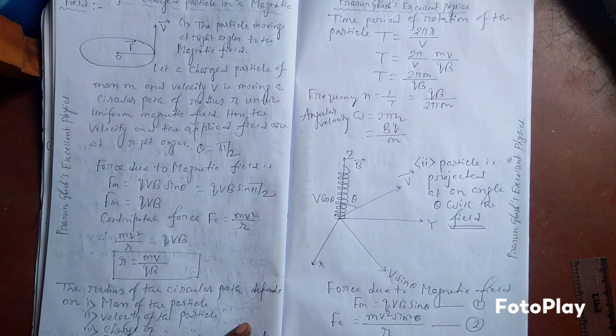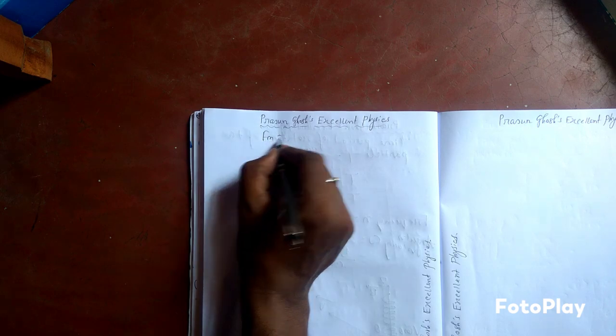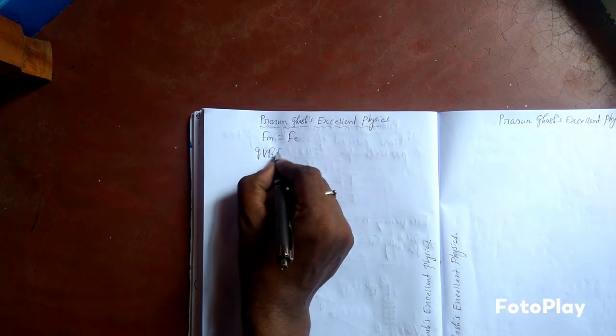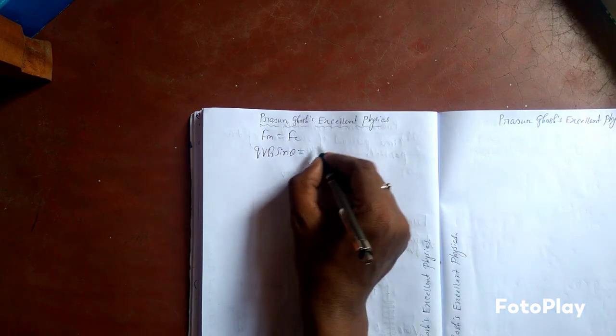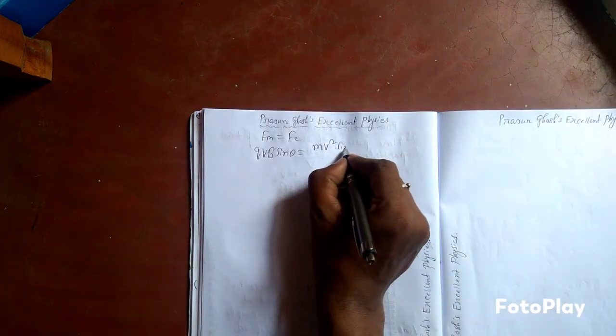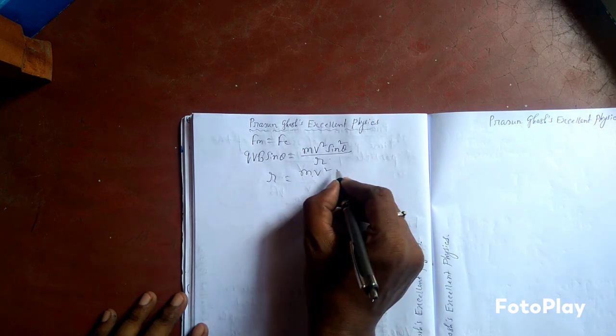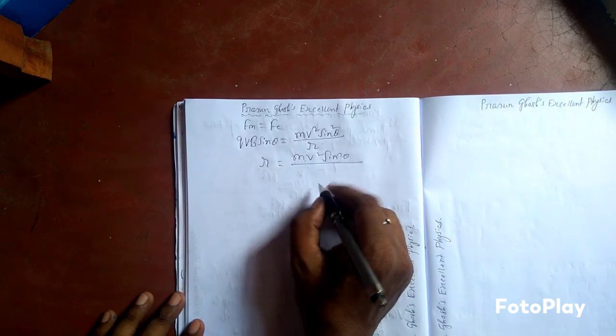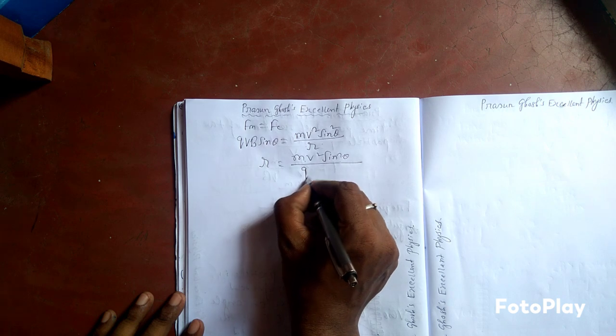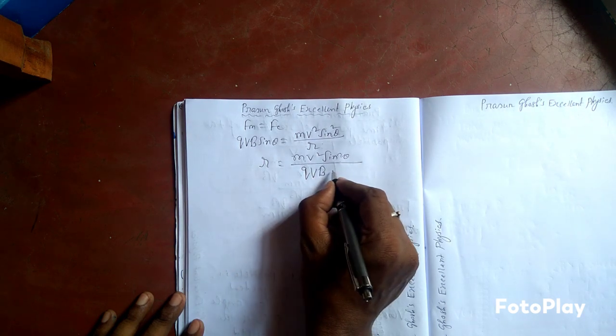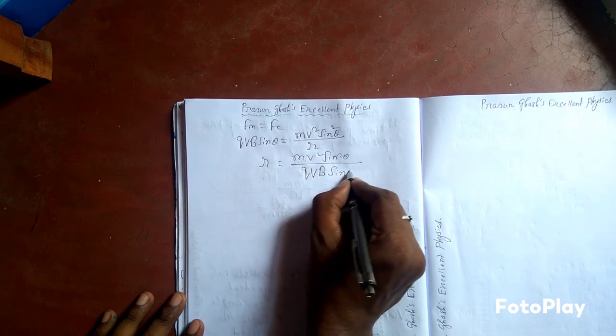So qvB sin theta equals mv square sin square theta by r.